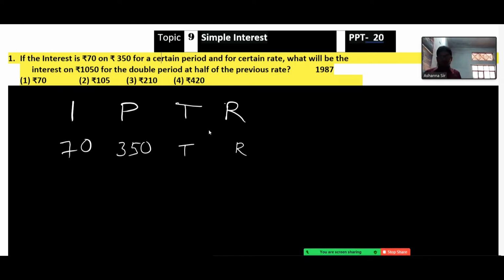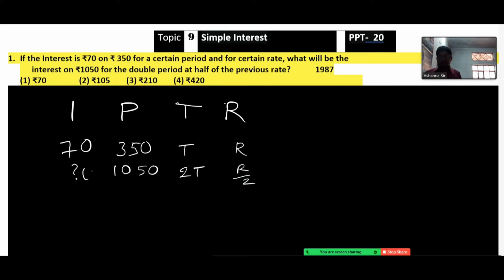What will be the interest on 1050 rupees for the double period? Double period means 2T, at half of the previous rate, that is R/2. So what will be the interest? We have to find this interest.